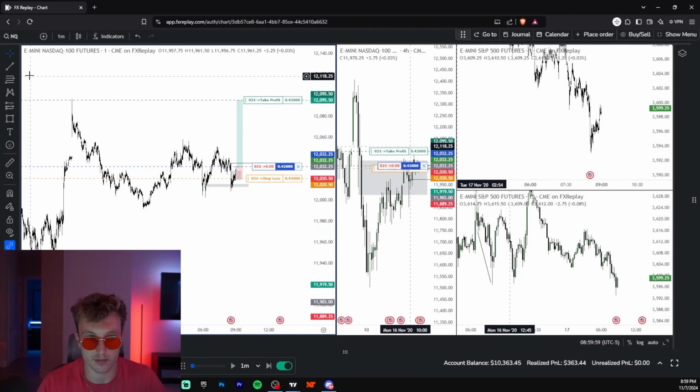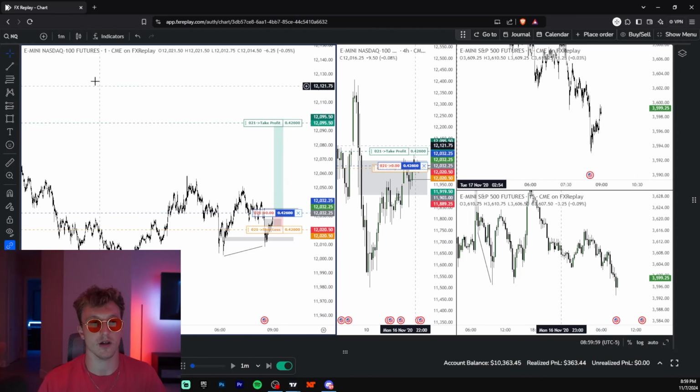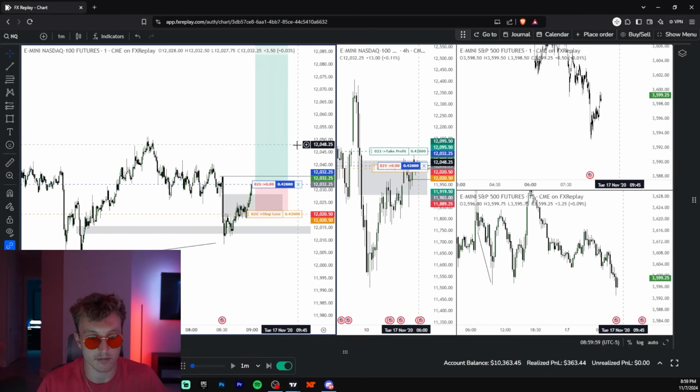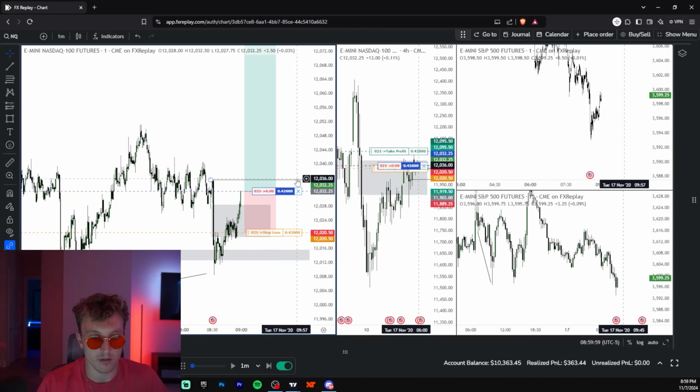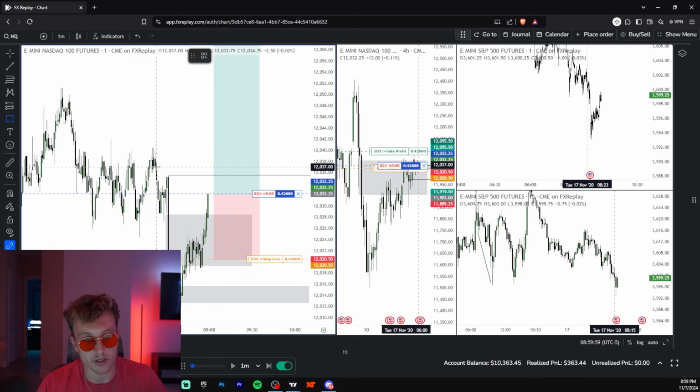Yeah, there's a giant SMT. So there's an SMT as well. So I think that makes this trade 10 times better, the SMT here, honestly. And the reason I'm going break even here is because I truly don't know if this is going to reject or not.